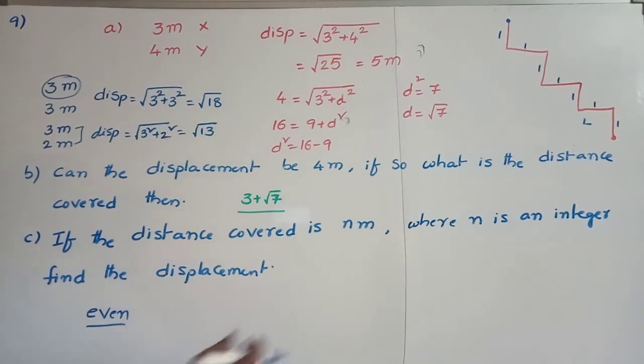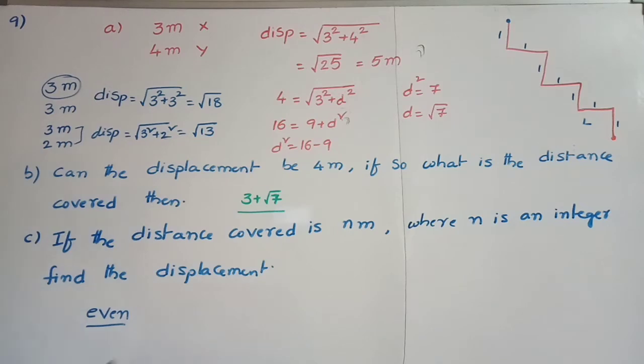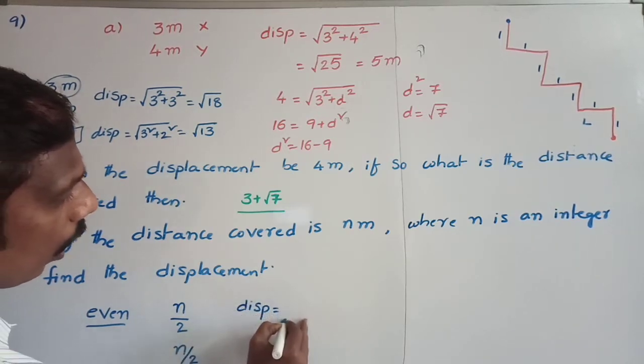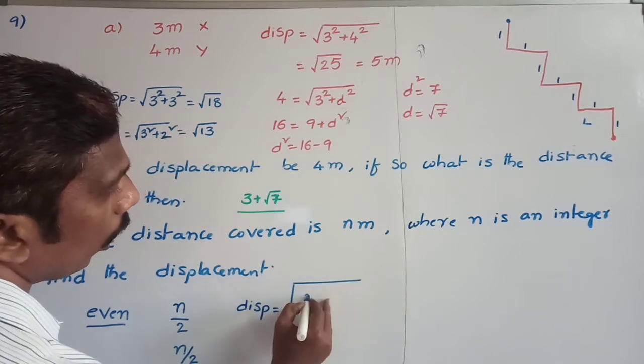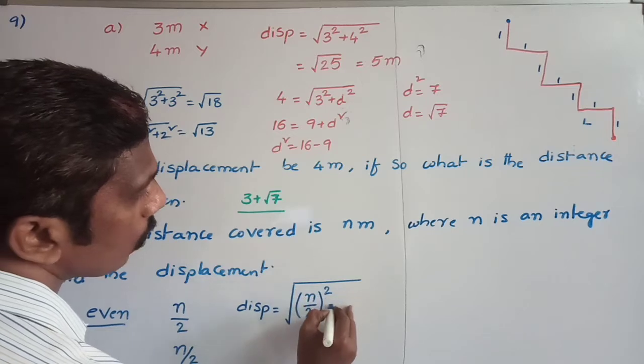Then he covered equal distance along vertical, equal distance along horizontal. So the distance covered along x direction is n by 2 and y direction is also n by 2. In this case, displacement is equal to under root of (n by 2) whole square plus (n by 2) whole square.